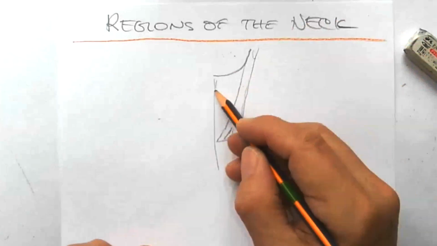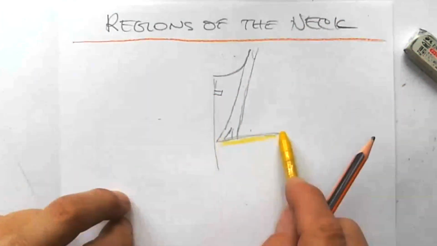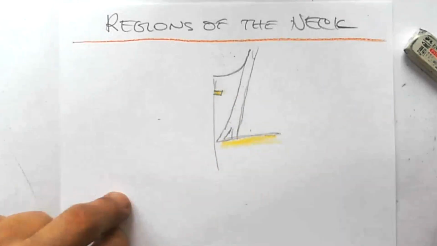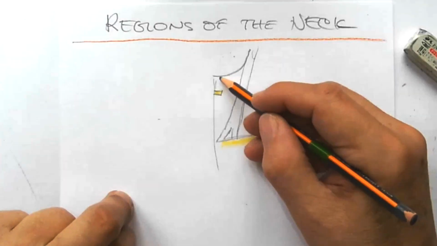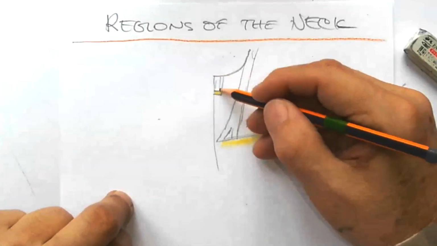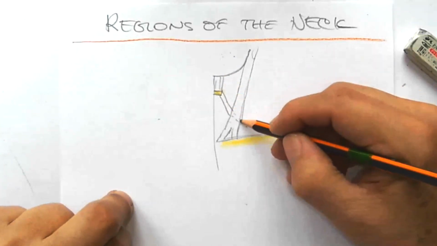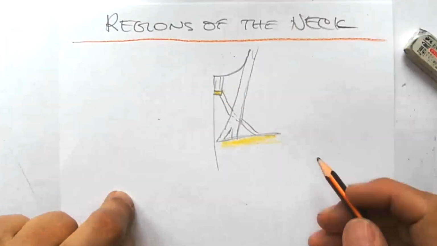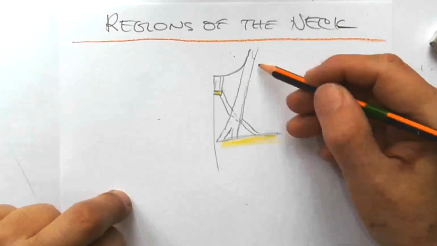The region is also divided by the position of the mandible. From the mandible ascending, the digastric and also the omohyoid, which passes craniocaudally, caudocranially, the sternocleidomastoid.